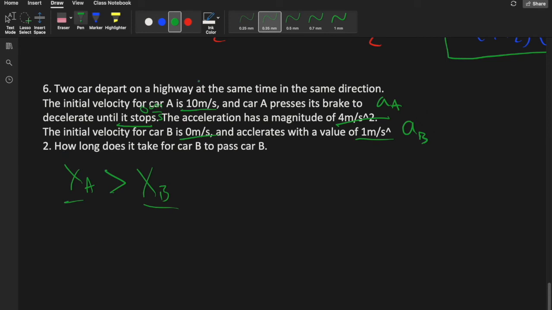Well, what do we know? We know the initial velocity for car A, we know the final velocity for car A, and we also know the acceleration for car A. So, which kinematic formula pops into your mind?